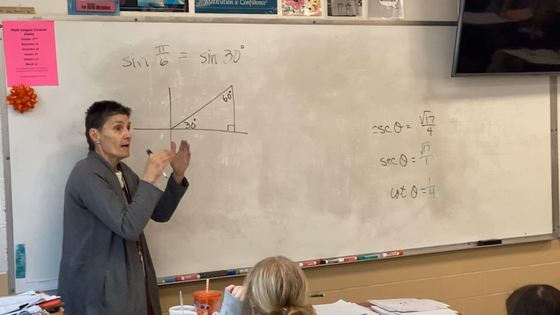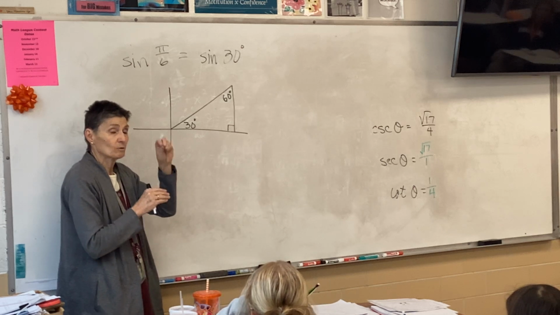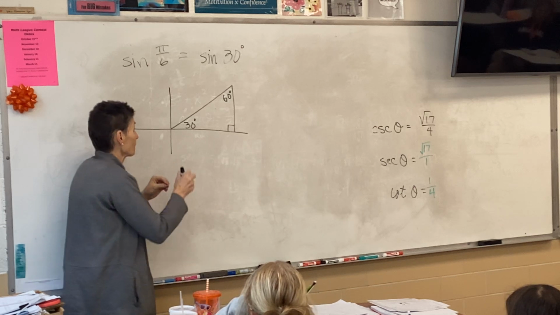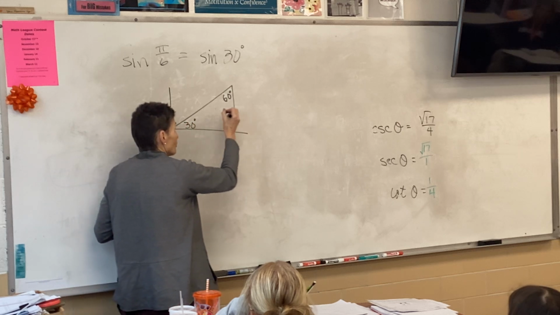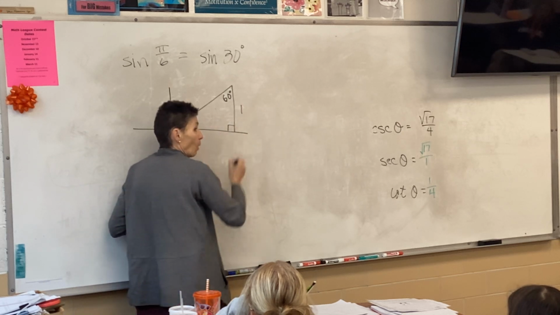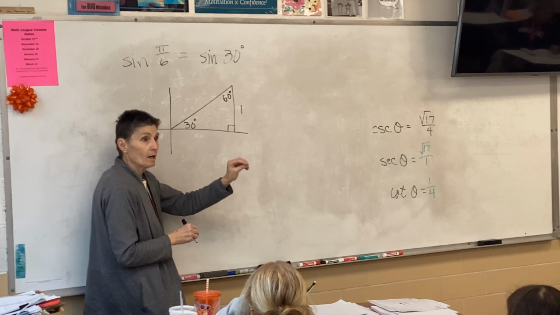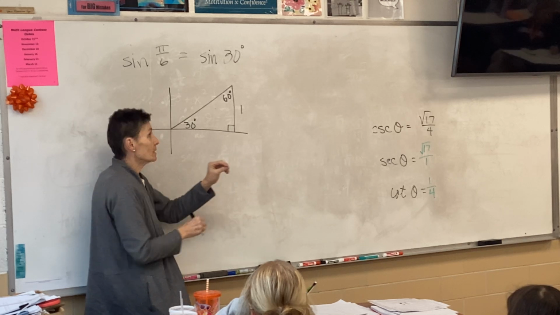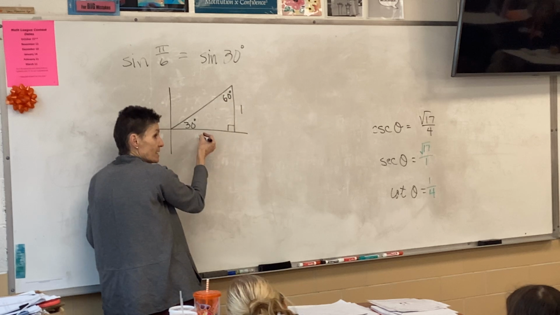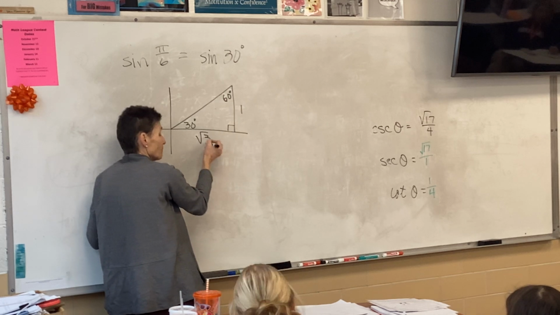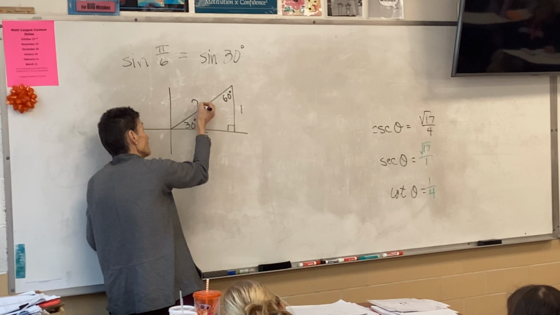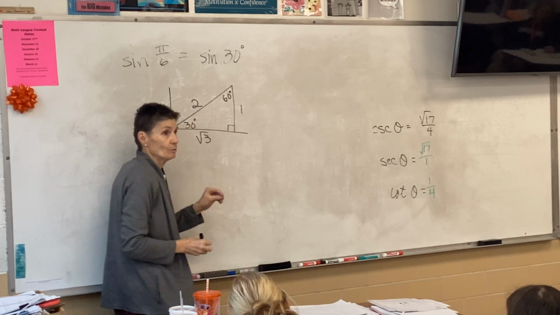Okay, so what you need to remember is, every single time you got a 30, 60, 90, opposite the 30 is going to be a 1. Never changes. 1 across from the 30. Across from the 60 is root 3, and across from the 90 is 2.